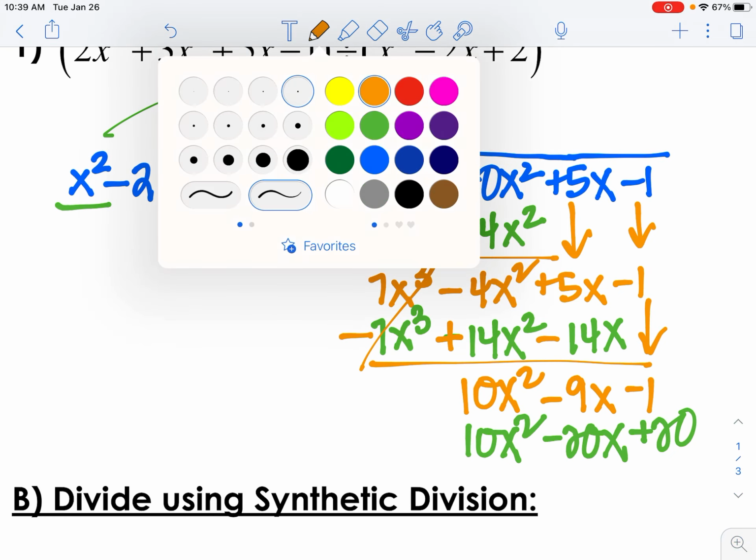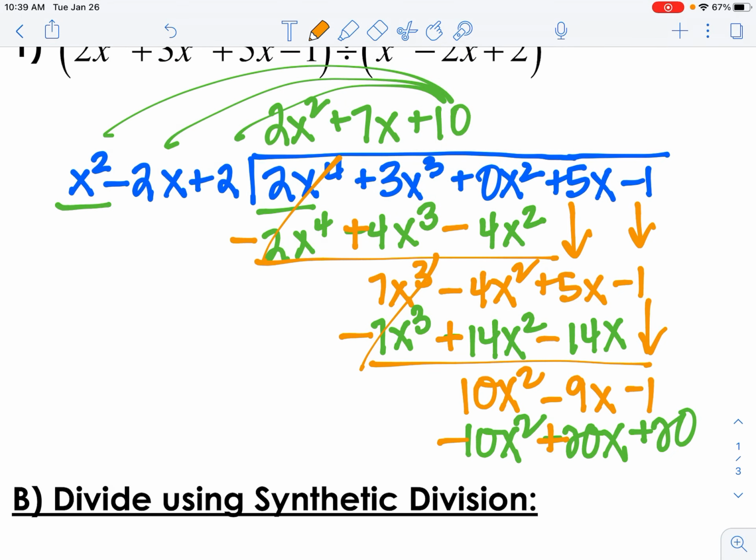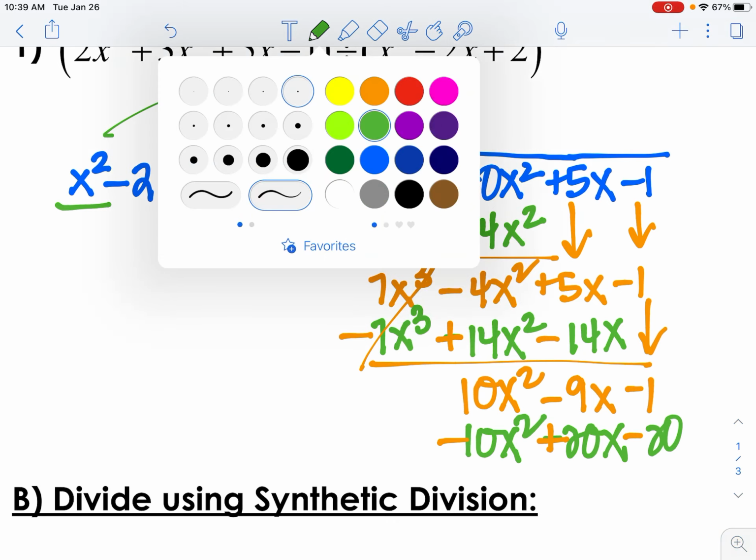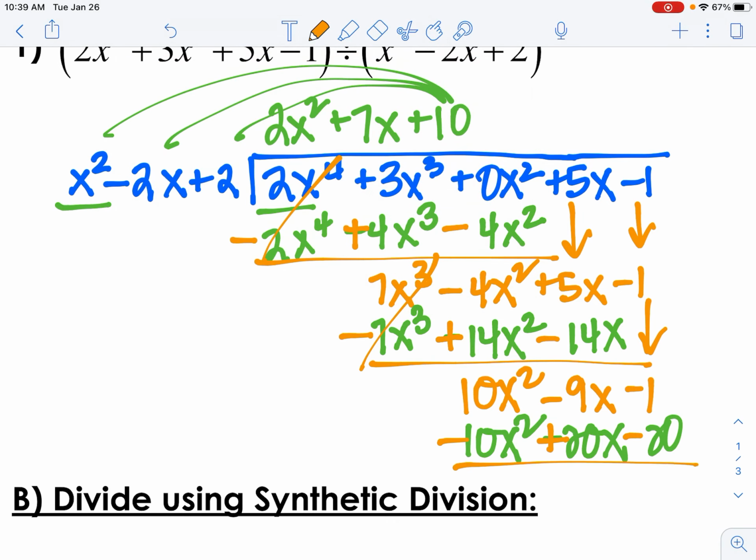Then we change those signs, negative, positive, negative 20. And we add. Those cancel. We get 11x minus 21.